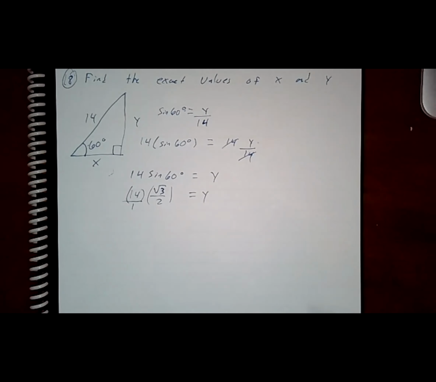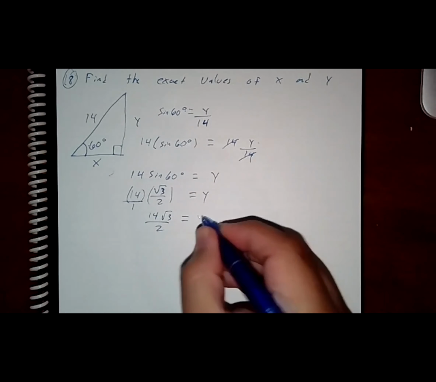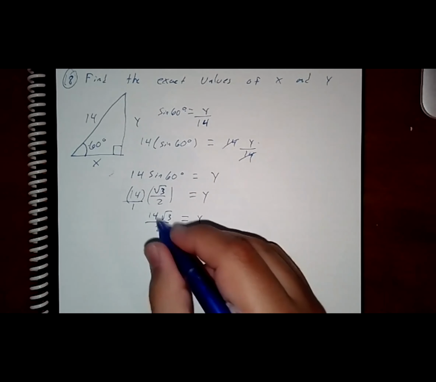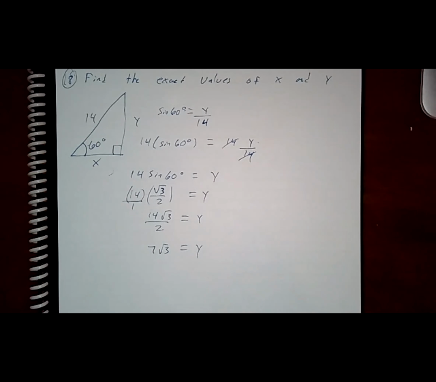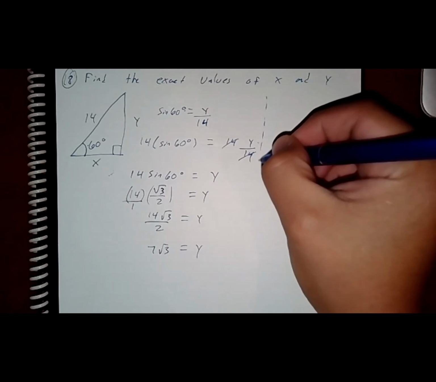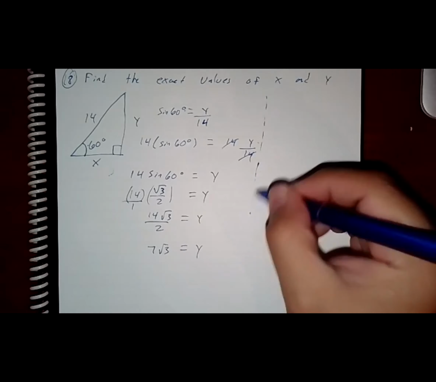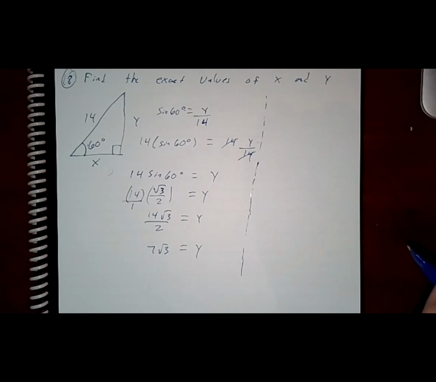Let's multiply this through and we'll have 14 root 3 over 2 equal to y. 14 reduces with the 2, giving us 7 root 3 for my y variable. Right? Any of the steps confusing or strange? Okay?